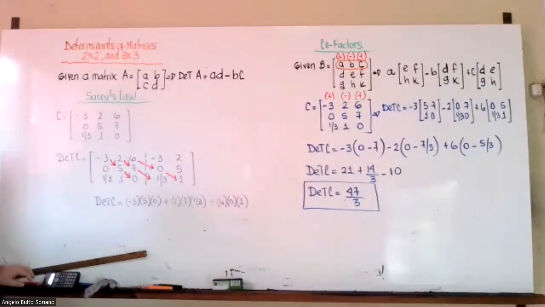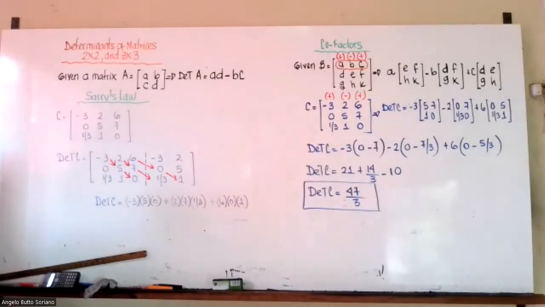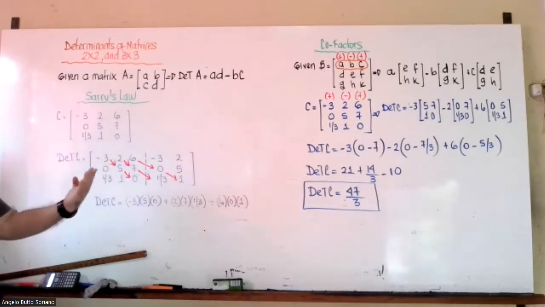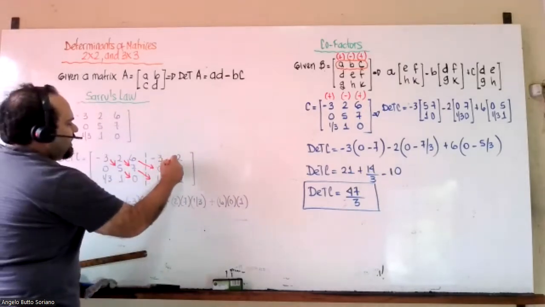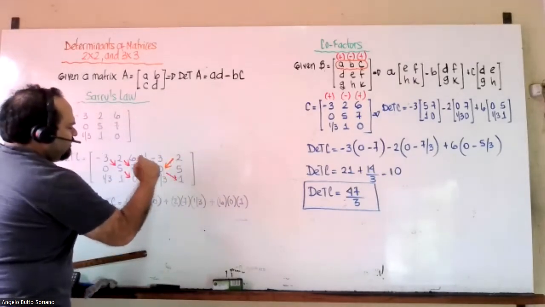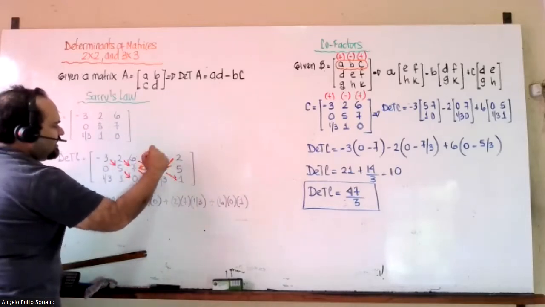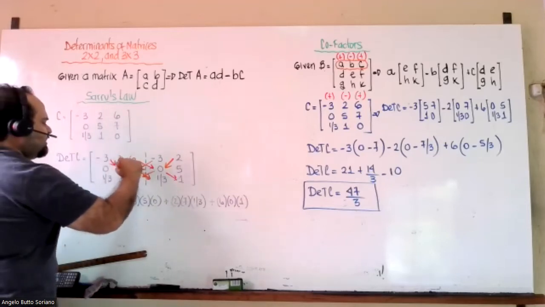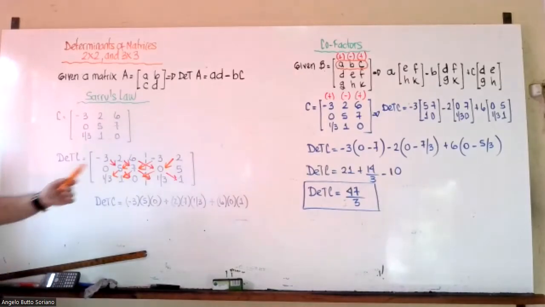Now, because we have diagonals left to right, and as you can see, there are diagonals right to left, we have to go back. So the first diagonal to go back will be 0 times 2, 2 times 0 times 0. Negative 3 times 7 times 1. And finally, 6 times 5 times 1/3.